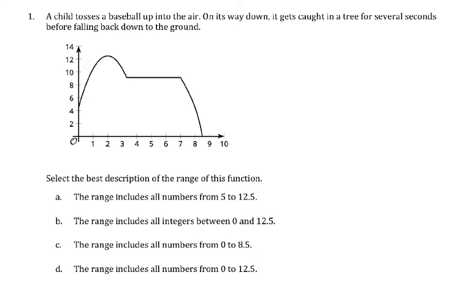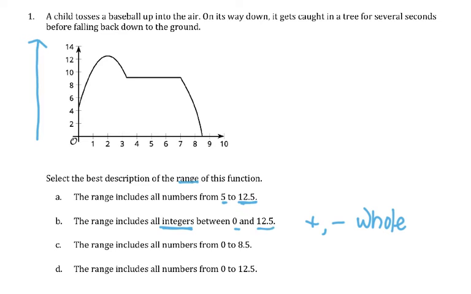And like I said, we're going to be looking along this line right here because we're talking about the range. All right. The range includes all numbers from 5 to 12.5. The range includes all integers. Integers are positive and negative whole numbers. So -1, -2, 1, 2, 3, 4. No fractions or decimals, okay?